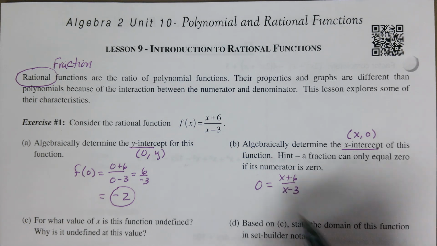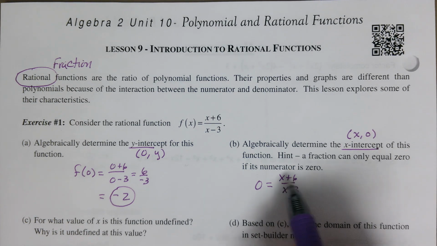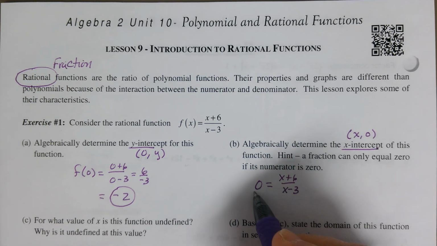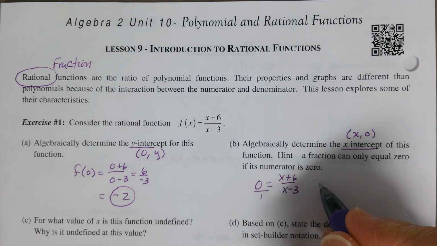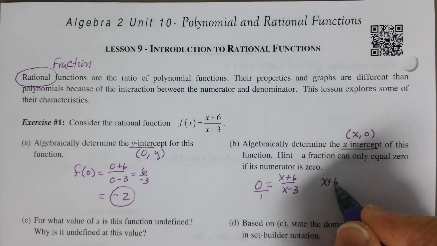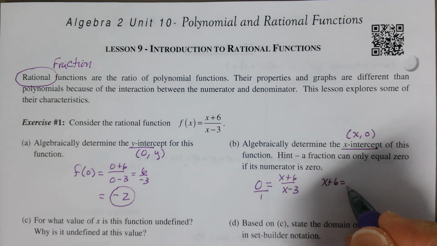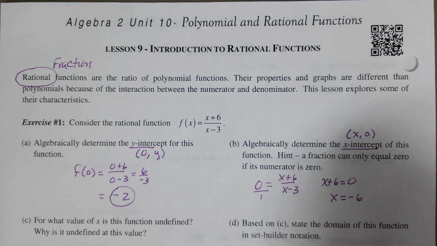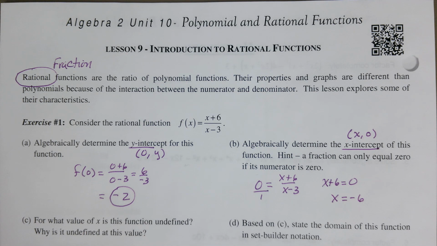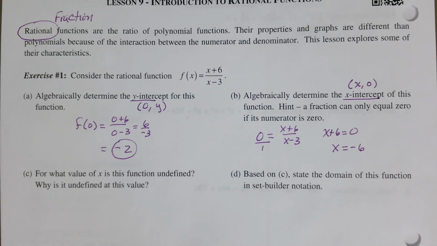Okay, so in other words, what plus 6 would result in 0? Or we can simply cross multiply, and cross products are equal. X plus 6 is equal to 0 times x minus 3, which is 0, when x equals negative 6. That is the x-intercept.